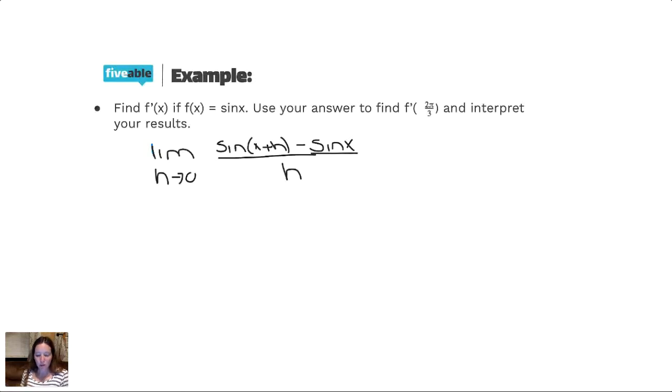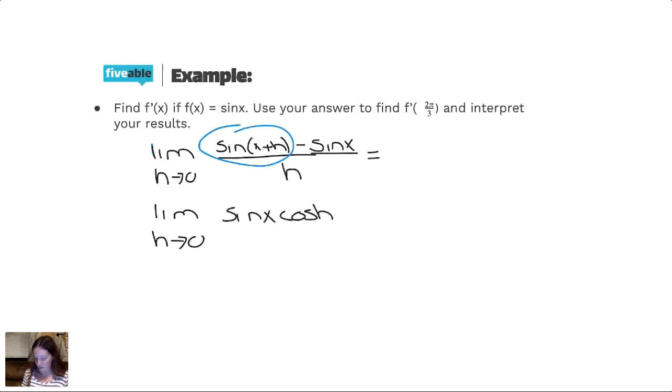So you have to know the trig identity for sine of x plus h, okay? And so that turns out to be, write it here, sine of x cosine of h plus cosine of x sine of h.